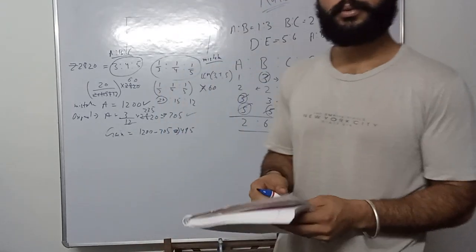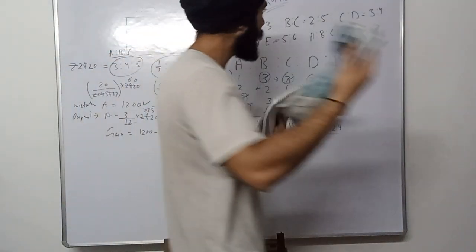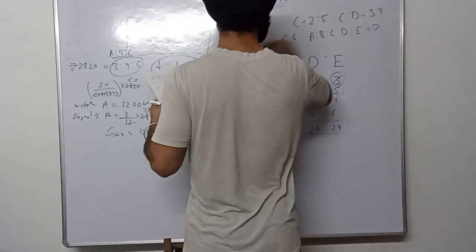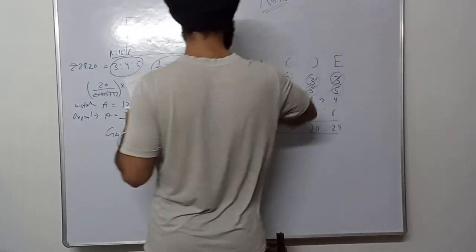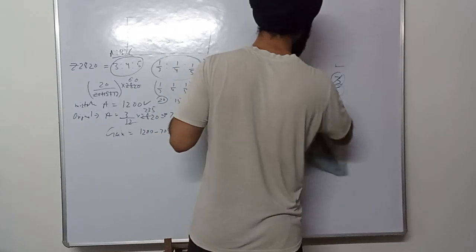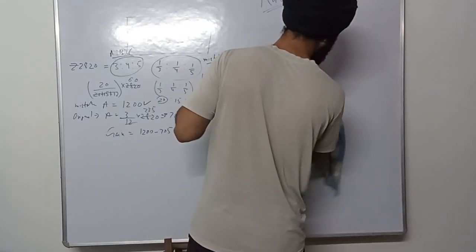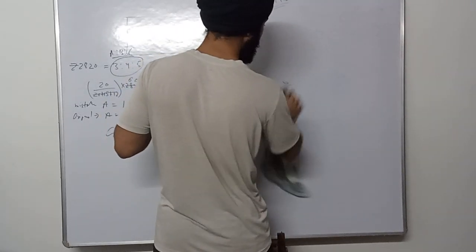So I'm only going to write those kinds of questions which are important for us. So these are two questions. I will try to do at least 5 to 10 questions in one video. It depends on how long my camera lasts.